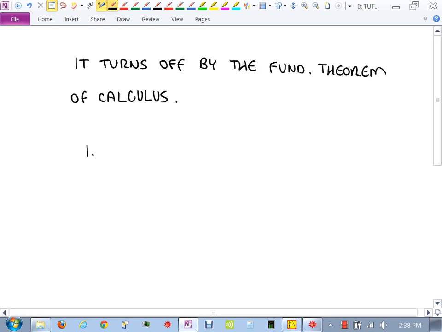First of all, the first thing I want you to know is that if we're given a function like this, little f, and we're trying to find the area from A to B, we already know it's that limit as n goes to infinity, infinite sum of all those rectangles, right?